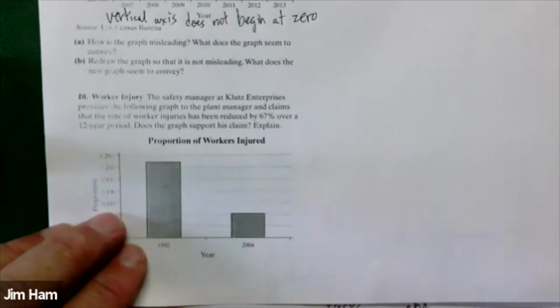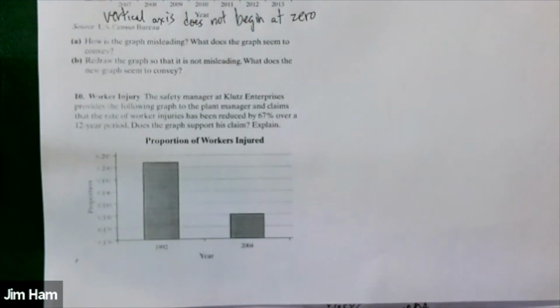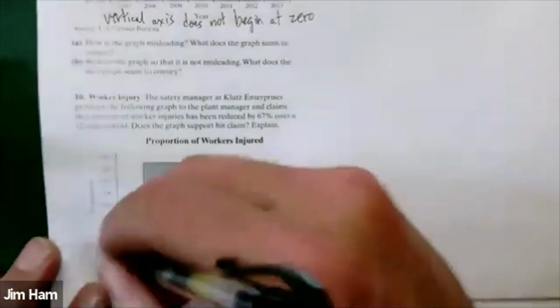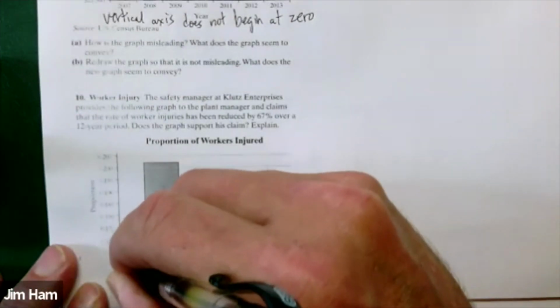Number 10, very similar. When you just look at the heights of those bars, it looks like the bar in 1992 is 3 times as high as in 2004. But again, it does not start at 0. So they'll ask the questions in a different way.